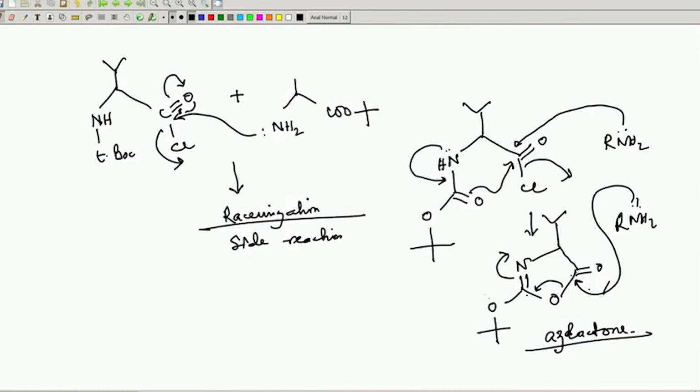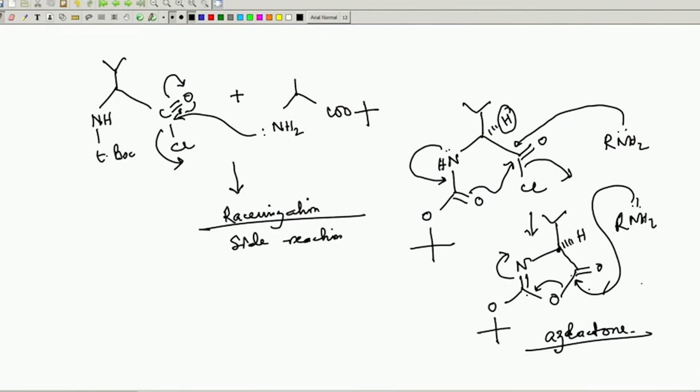The problem is in the azolactone: this hydrogen, which was there earlier in valine, is where the stereochemistry comes from. Right? This hydrogen becomes very susceptible as soon as it forms the azolactone. It is much more acidic than this hydrogen when it is in the acyclic form. And why is that?